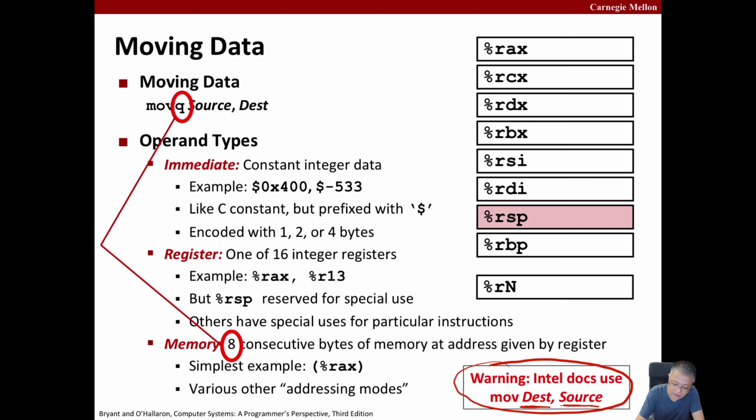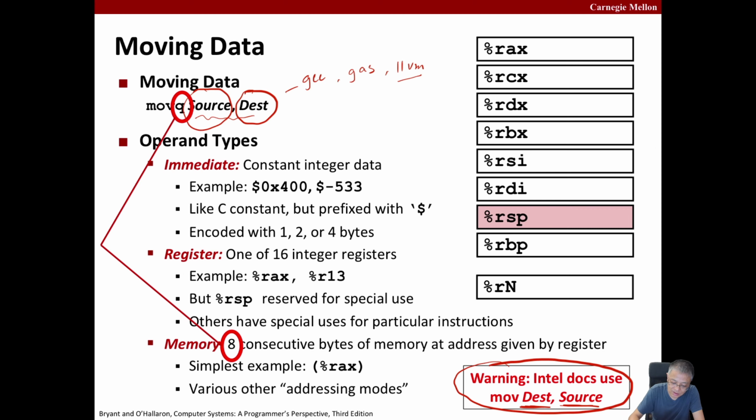But GCC, GNU assembler or GAS, or LLVM, another compiler, they all use this format: the source first, then the destination operand next. This is different from the Intel document. When you read the Intel document, you need to keep this in mind.